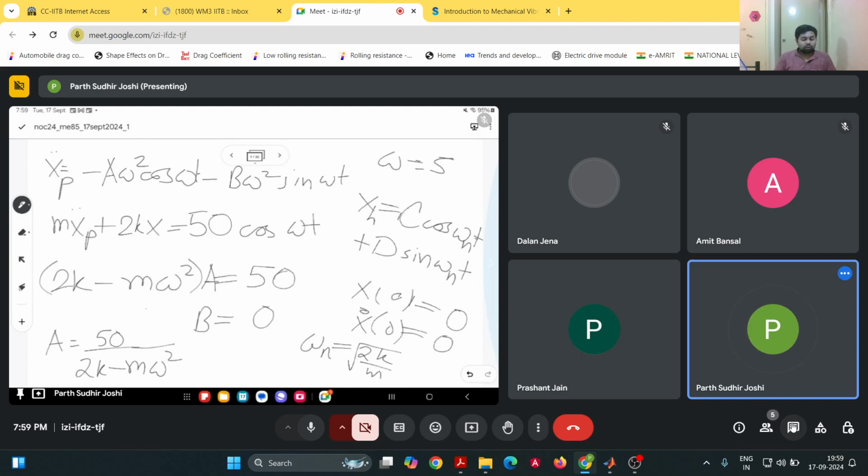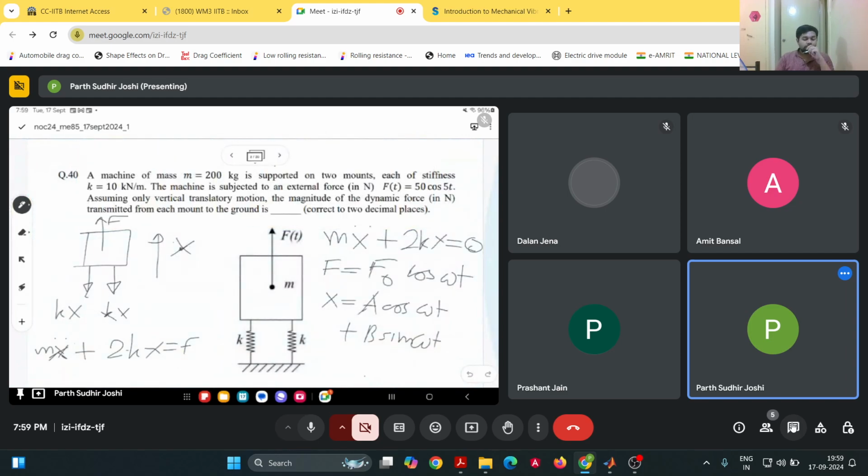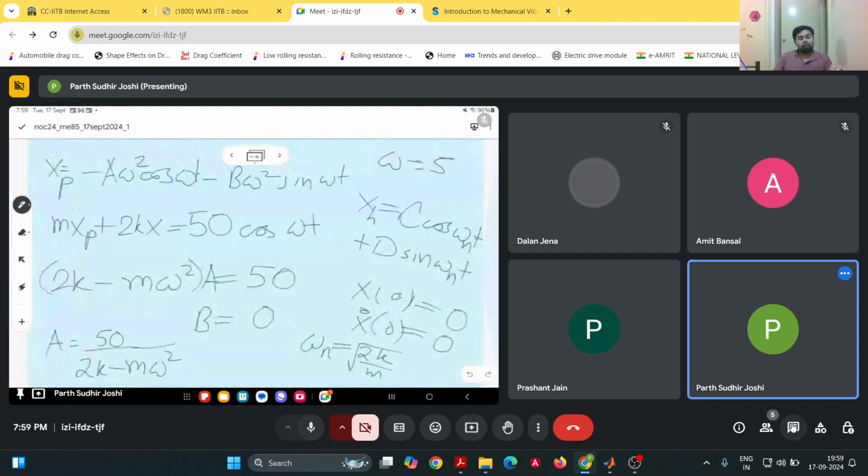So xh will actually be 0. There will be no transient vibrations because our initial displacement and initial velocity were 0.